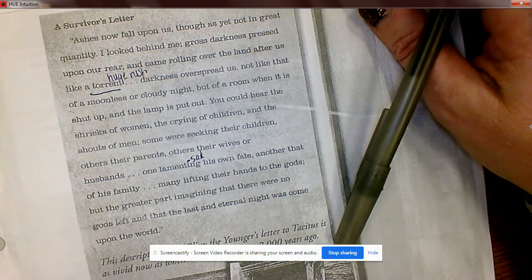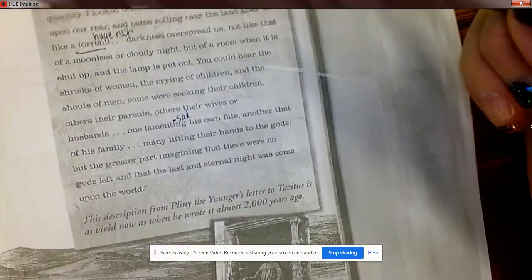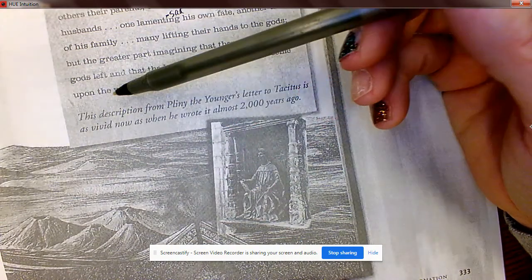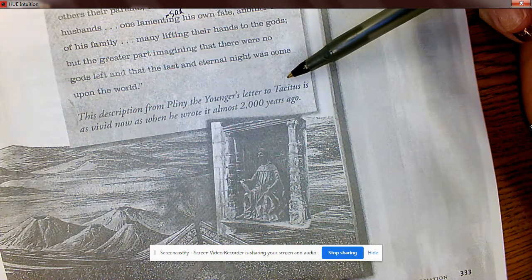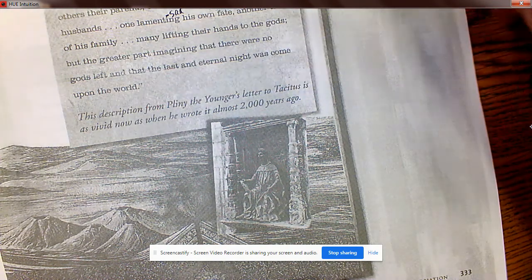Another that of his family, many lifting their hands to the gods, but the greater part imagining that there were no gods left, and that the last and eternal night was come upon the world. So I'm going to look down here at this picture and read the caption above it. This description from Pliny the Younger's letter to Tacitus is as vivid now as when he wrote it almost 2,000 years ago.